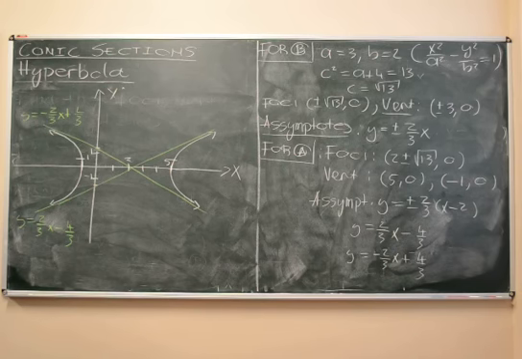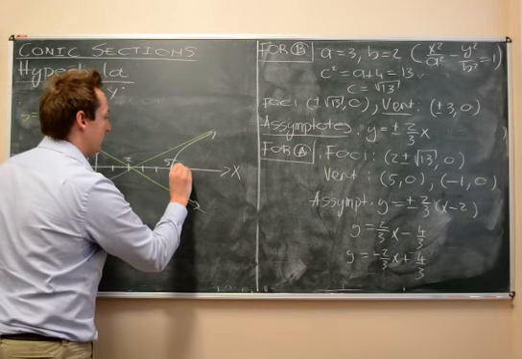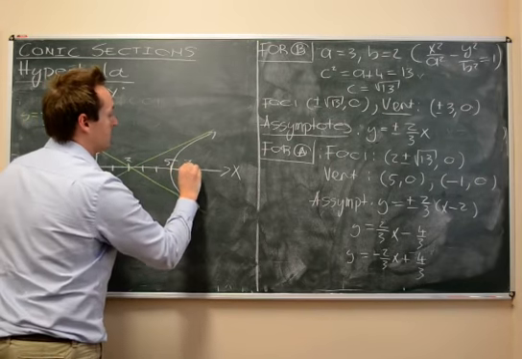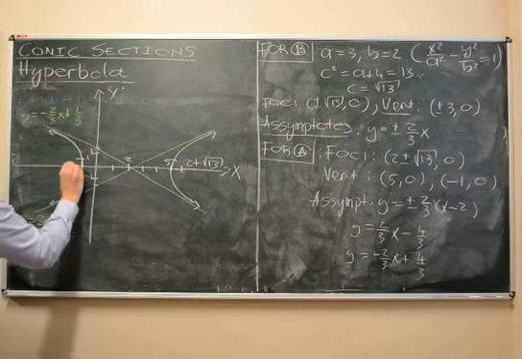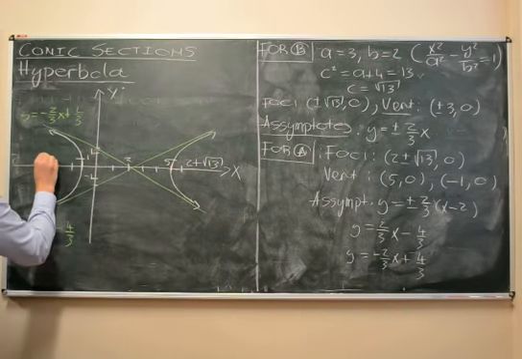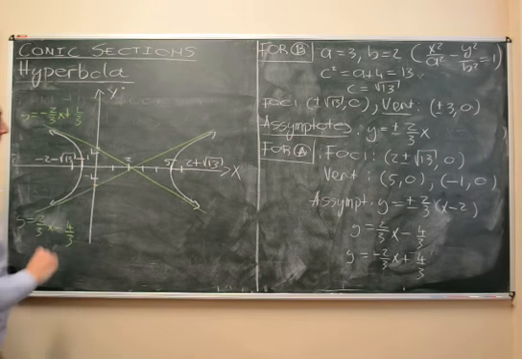And now just to enter our foci, 2 plus root 13. Well, root 13 is somewhere between 3 and 4, so it'll be about there. That's 2 plus root 13, and then we have 2 minus root 13.